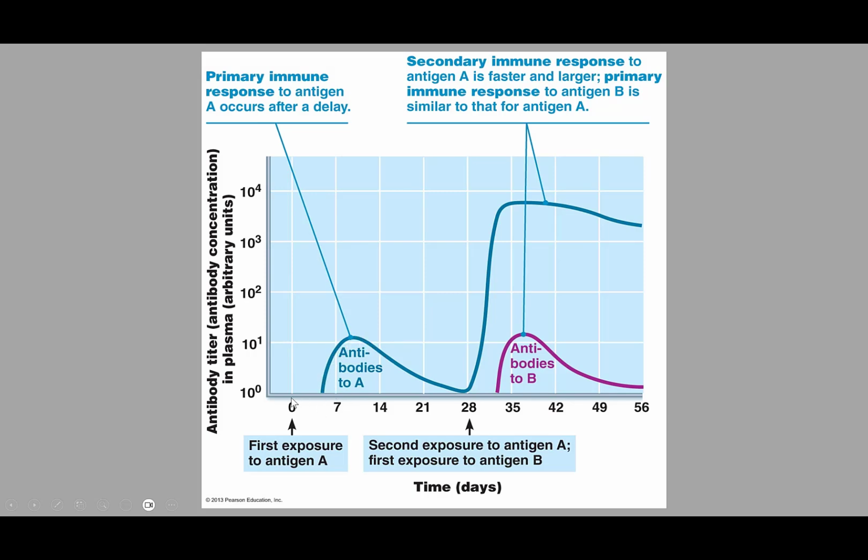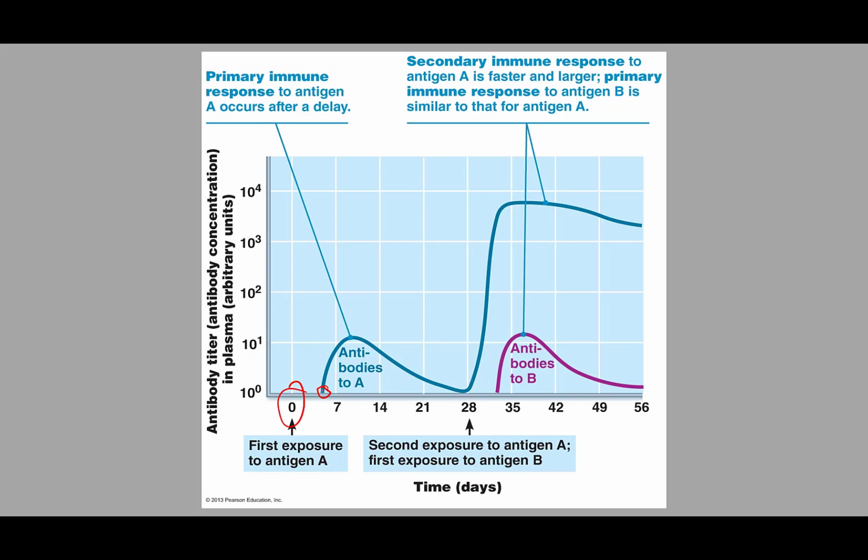But from the day that we first come into contact with that pathogen, it's almost a week before we start to make any antibodies, because that process where we're making more and more of our immune cells takes a while to get started. And then once they do start making copies of themselves, then we can start to make antibodies.